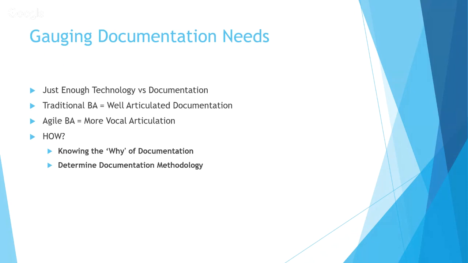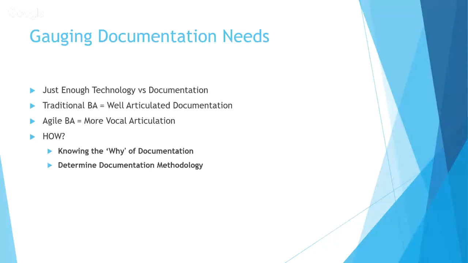Now with an Agile BA, good articulation is still key, but it's the mode of representation that matters. In Agile, it's more vocal than on paper. So the BA needs to be well articulated with their words in meetings when they're eliciting requirements.